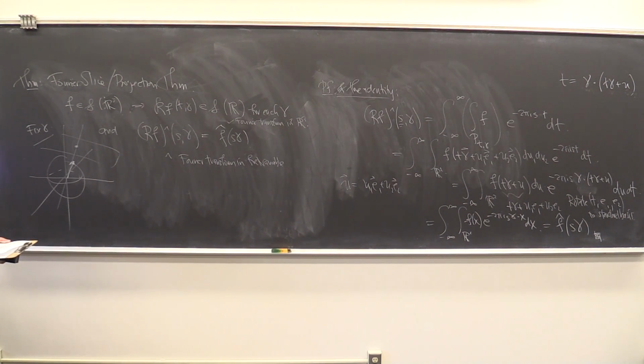What I'm trying to say is something like this. What you drew here, you have a line going through the origin. It's really just a one-dimensional Fourier transform through the origin once we fix the right direction or something like this.